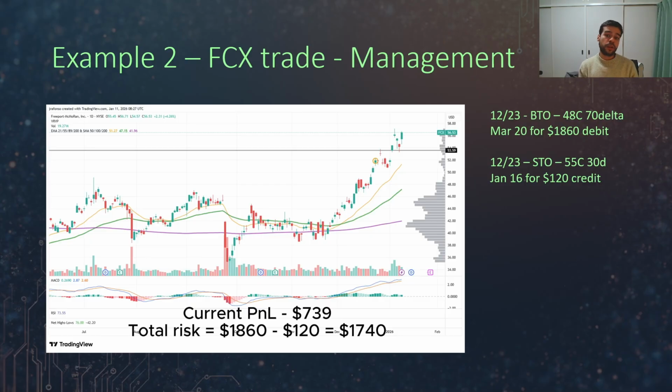One of them is I close the trade and I net a profit, and the other option is I try to roll out and up my short call. Since FCX is in a really good position, when I look at this chart, I still like what I see, so I will try to roll out and up and try to potentially unlock more premium here.